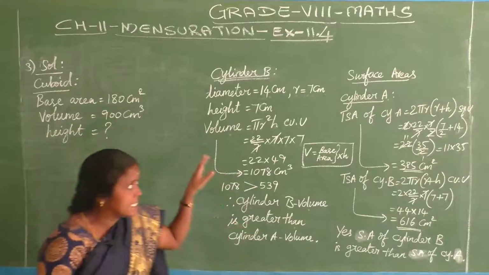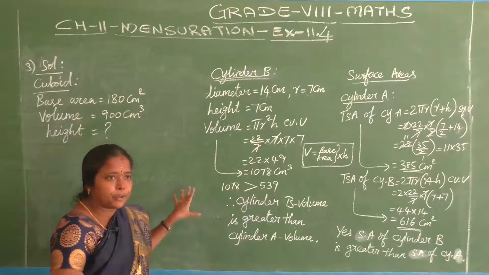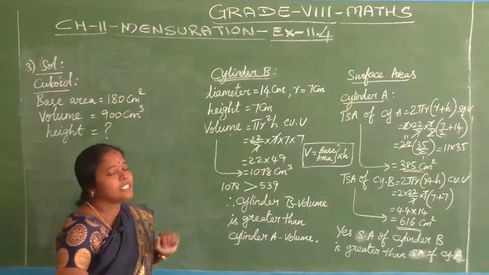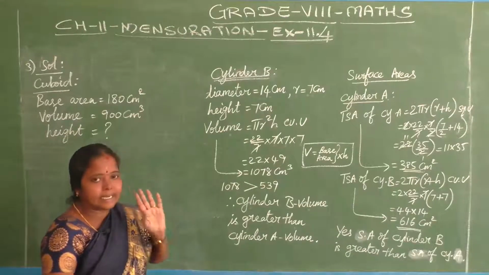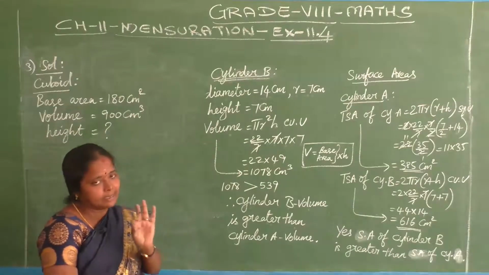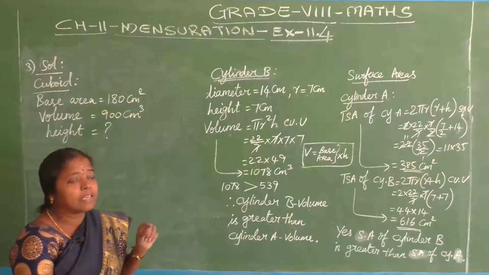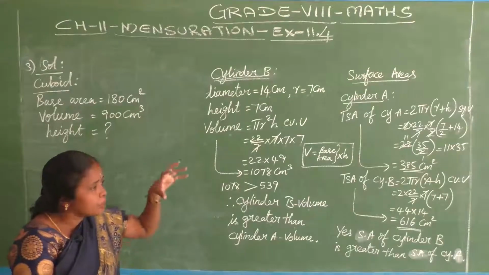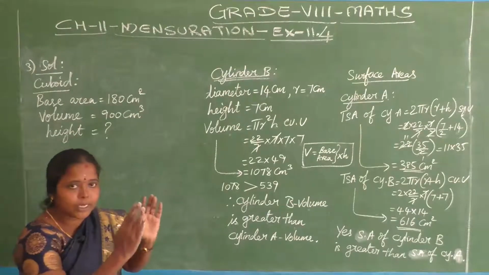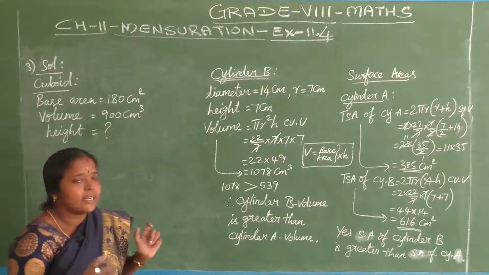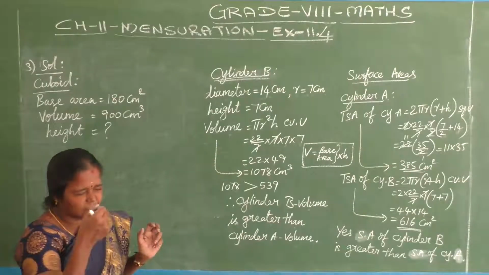So volume is given. Actually, in the beginning of the session itself, I told the volume of the cuboid. What is the formula? Length into breadth into height, cubic units. One more way I told: if you consider the L into B together, what is that called? Base area.